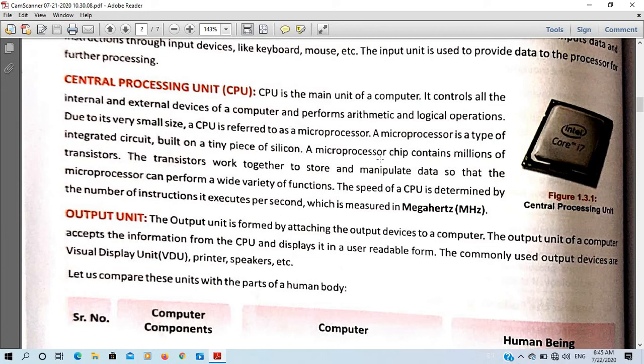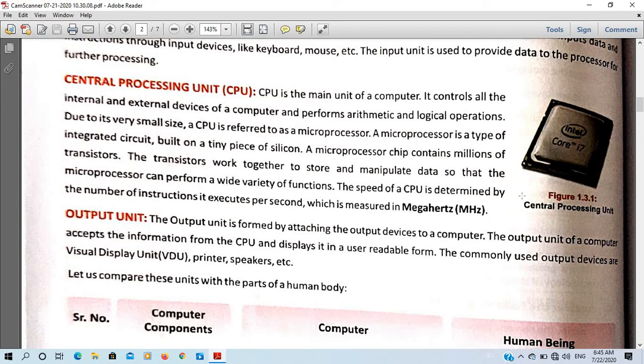A microprocessor chip contains millions of transistors. These transistors are used to make the microchip, that is the microprocessor chip. The transistors work together to store and manipulate data so that the microprocessor can perform a wide variety of functions.